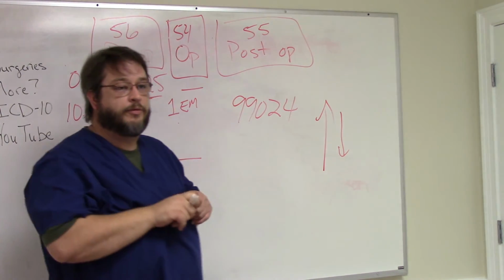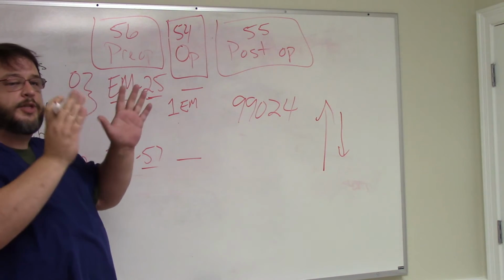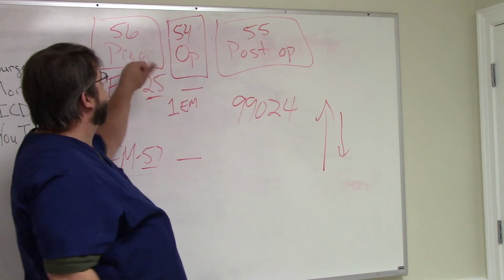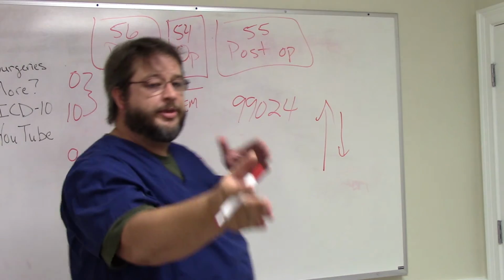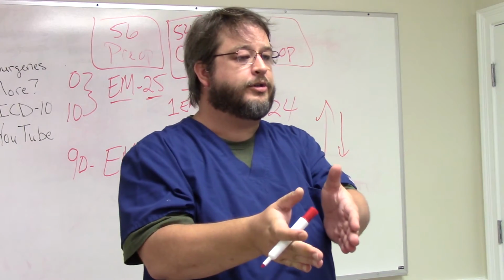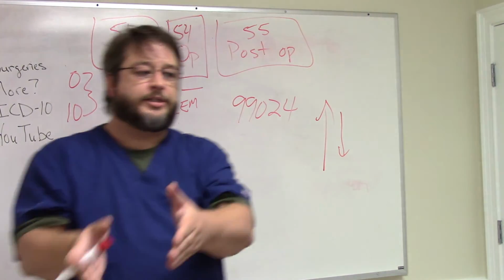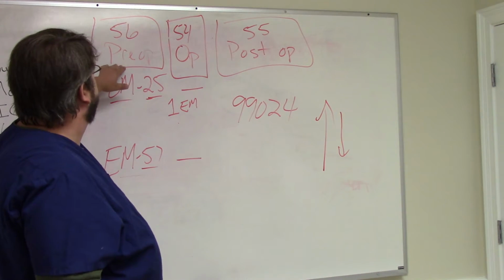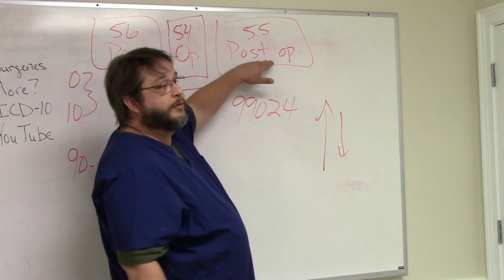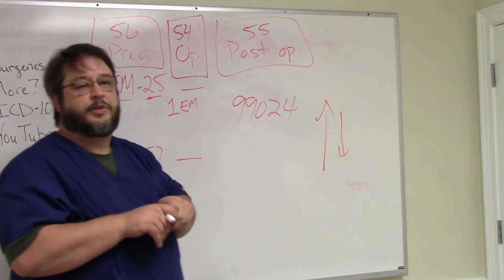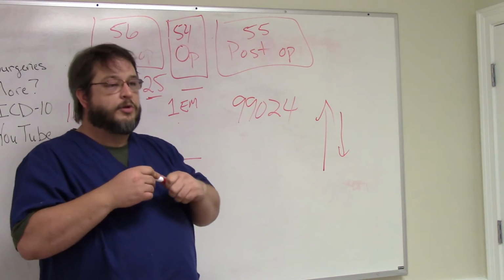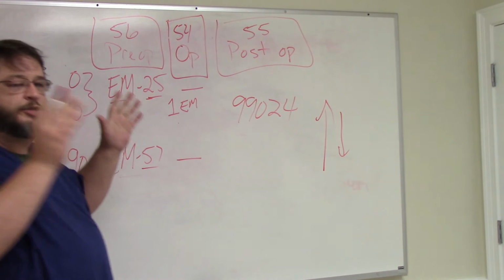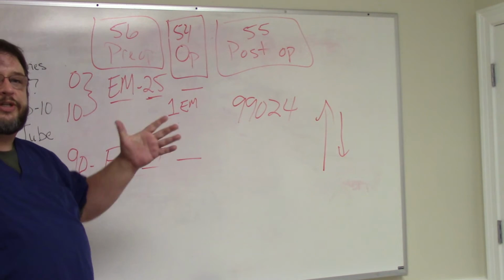What this does is split the period. She gets the payment just for the surgery. He gets the payment for the work that goes into the pre-op and the work that's required for the post-op. That's 56. So it splits the code basically into 3 different periods.